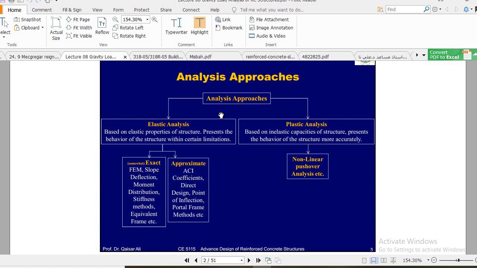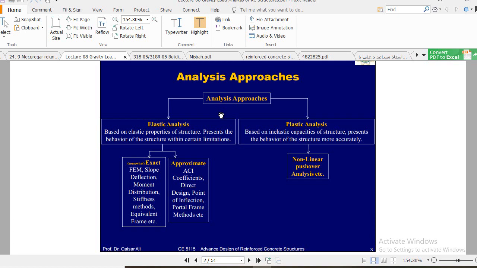That is why in usual practice elastic analysis is used, because plastic analysis is also very time consuming. When you are facing a very complex project, you have to run the analysis and it will take too much time. And sometimes our computers do not support such complicated and complex structures.